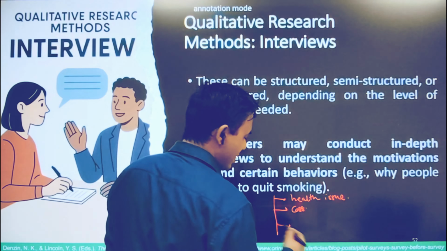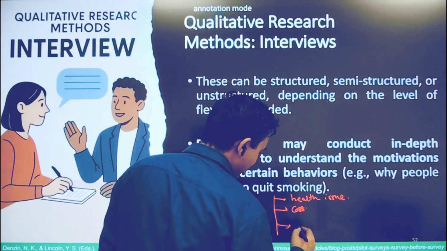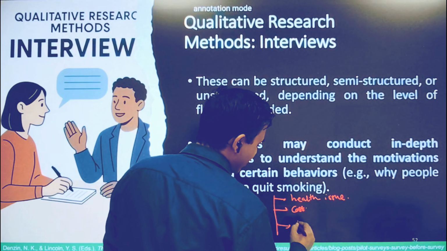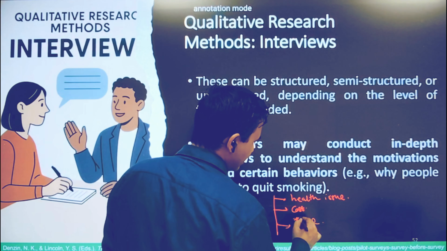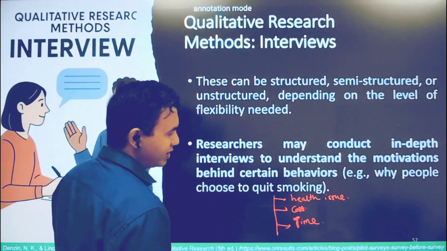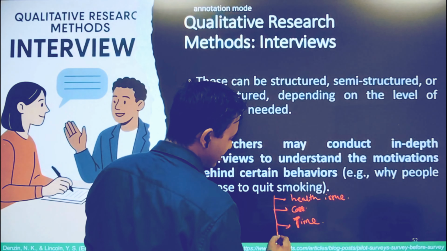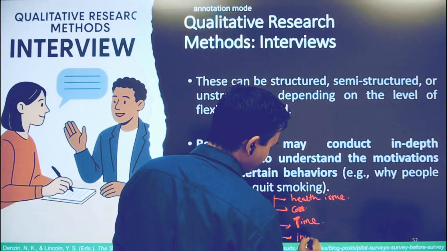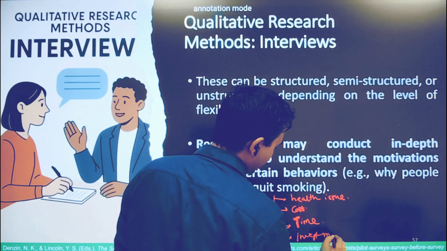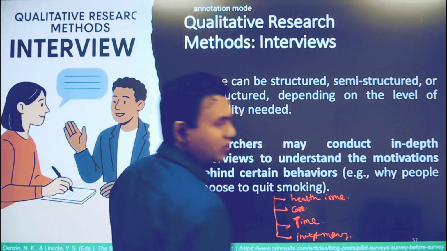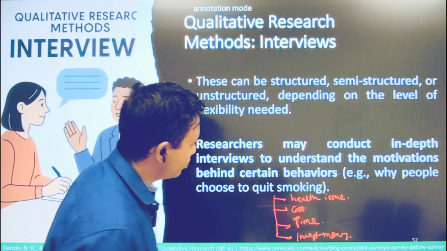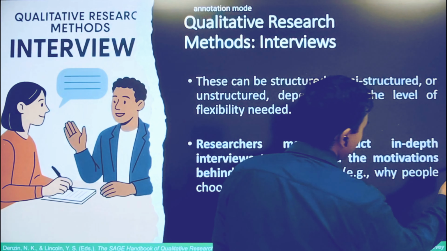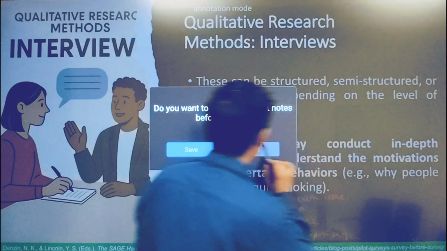To smoke one cigarette may take 20-30 minutes, so it's a time cost, right? And furthermore there is the opportunity cost. You can invest that money somewhere, maybe in professional growth, maybe in health, maybe anywhere, right? So that's why people want to quit smoking. That's a kind of qualitative survey, and you can have interviews and discuss with the people and identify.